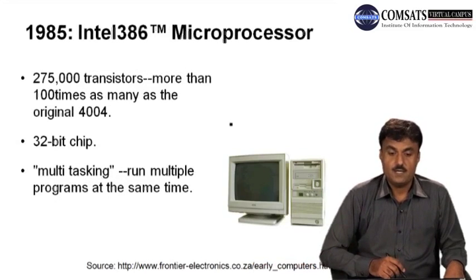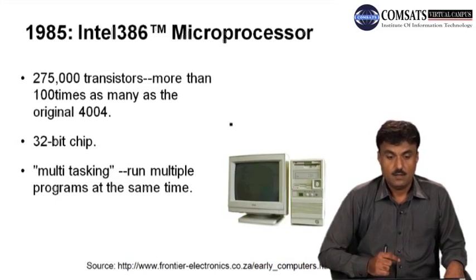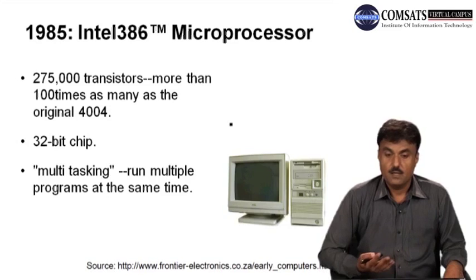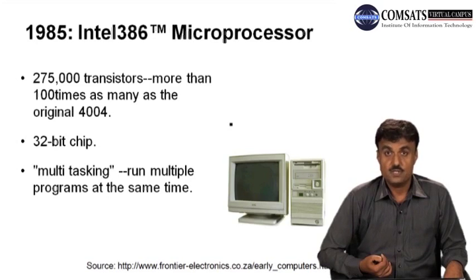And in 1985, after 3 years, they launched a new processor called the Intel 386 microprocessor. It had 275,000 transistors, more than 100 times more transistors than the 4004, and it is a 32-bit microprocessor.